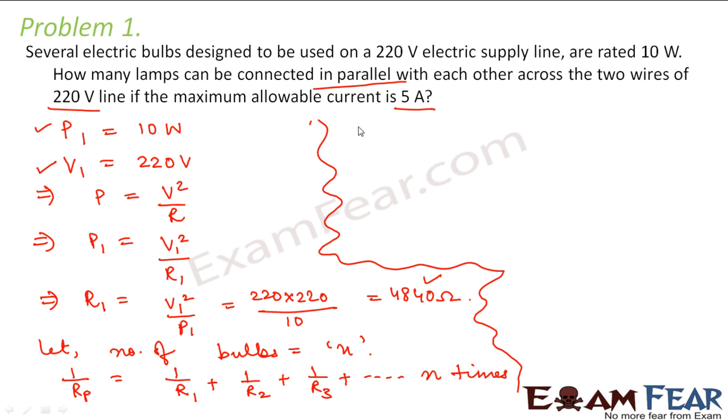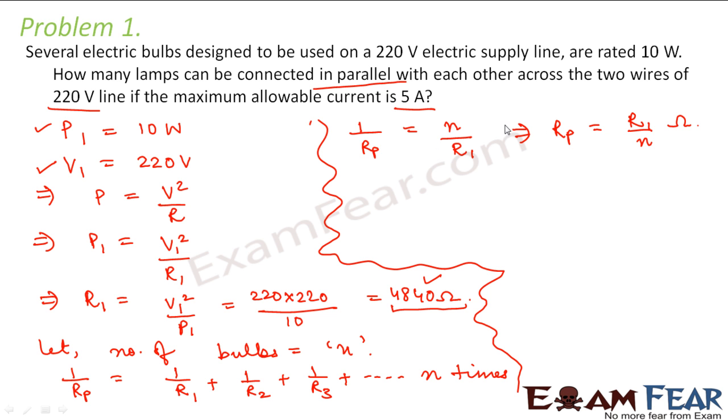The values of R1, R2, R3 are all the same, 4840, so we can replace them by R. So 1 by Rp is equal to n by R. From this we can say that Rp is equal to R by n ohms. R or R1, you can replace it with any of these. So now we know the value of R1.